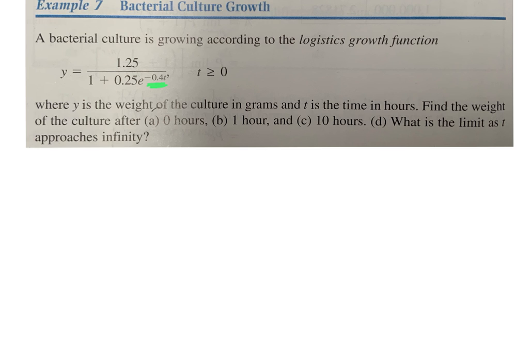So e over some infinity, this whole thing's going to approach 0. So it's actually going to just be, as it approaches infinity, 1.25. So it's kind of interesting. You would just plug in 0, plug in 1, plug in 10. That's really easy.